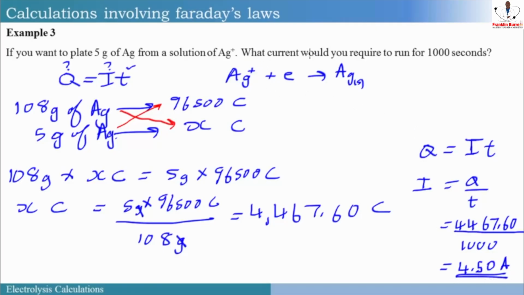So a current of 4.50 amperes would be required to run for 1,000 seconds if we want to plate 5 grams of silver from a solution of silver plus ion. Let's continue.